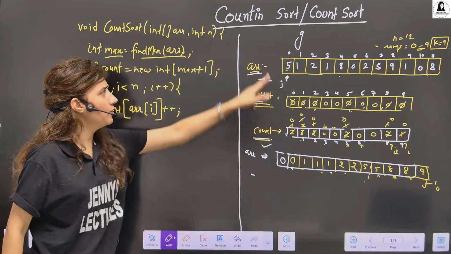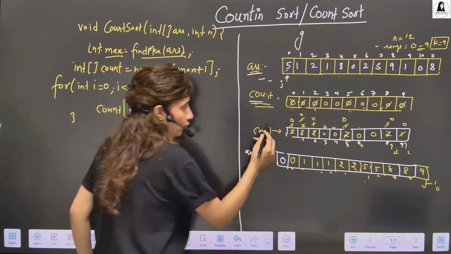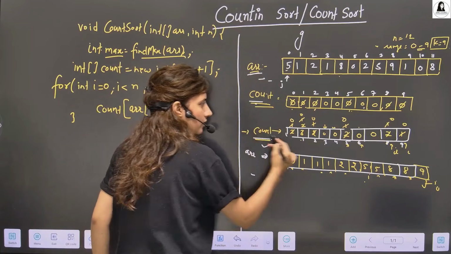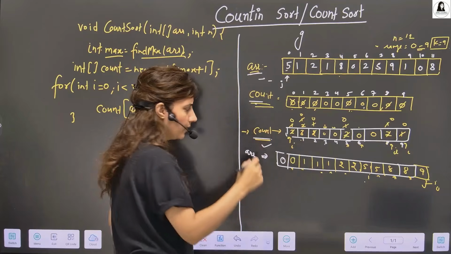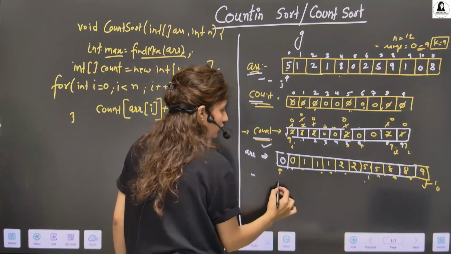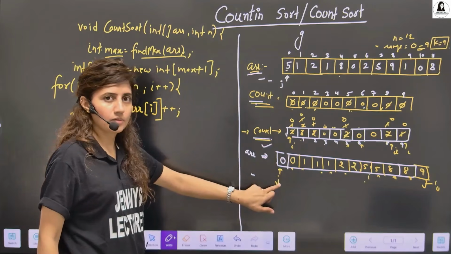Now the third step is that we actually sort the array. To sort the array, what do we do? We need 2 pointers. One, again we traverse this count array, so for this we have taken an i variable, and to traverse the other array we have taken a j variable. So 2 things you need.